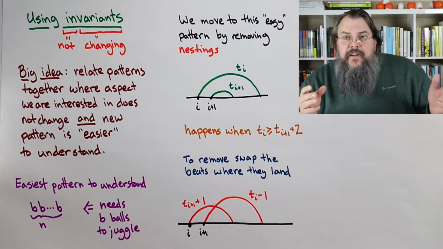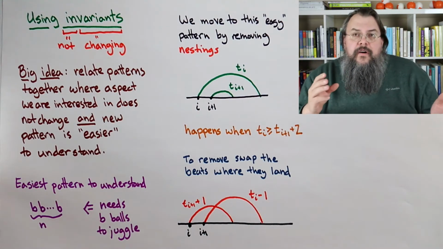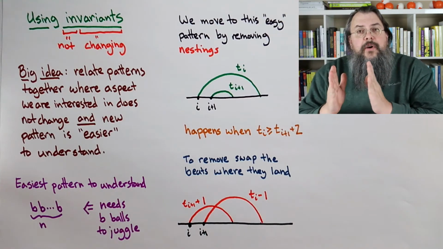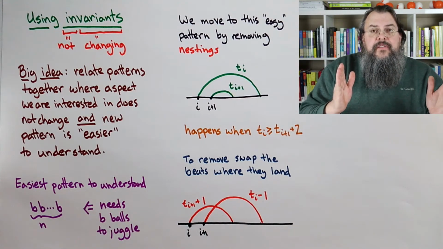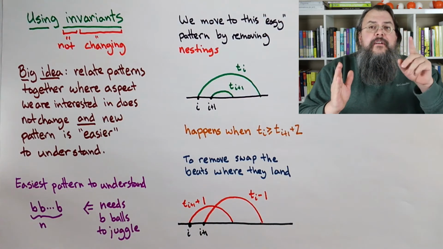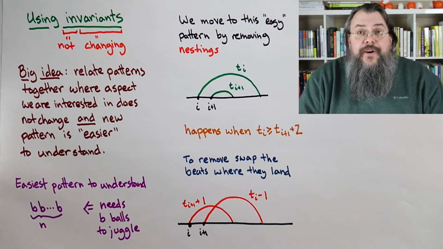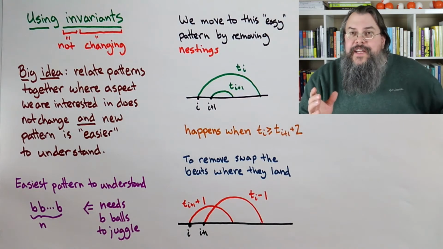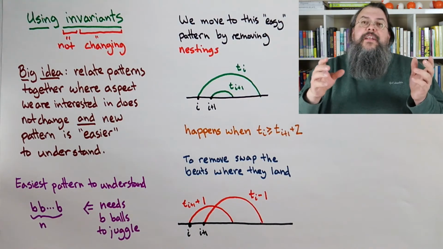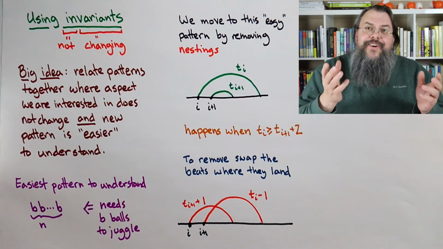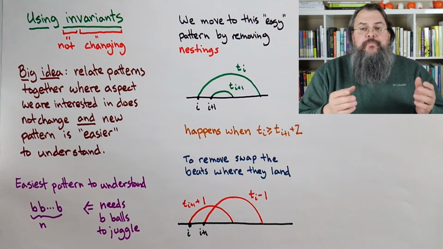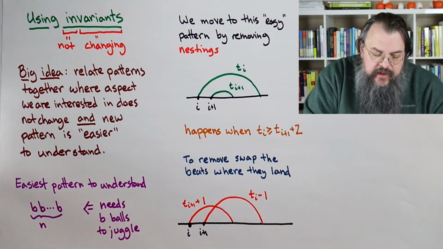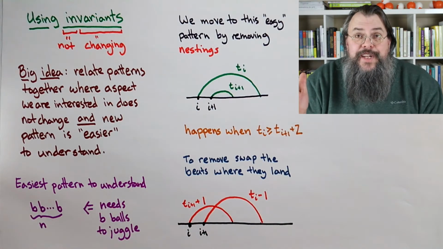And in fact, you have to keep throwing a new ball until you reach the point where you've gone b beats. At that point, after you've gone b beats, the first ball lands. All right, now, great. I have a ball and I can just rethrow it. And the next beat, the next ball lands. Rethrow. And now you're good to go. So here, if we can get to that pattern, we know how many balls we need.